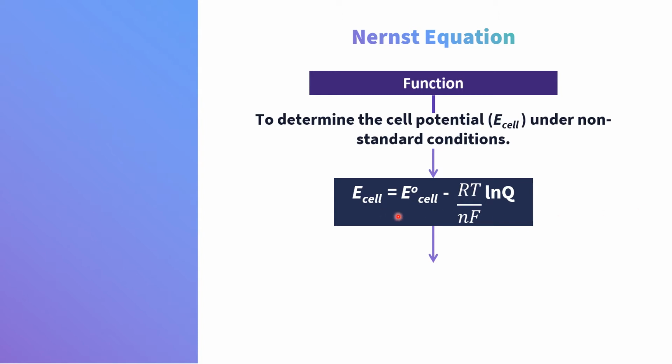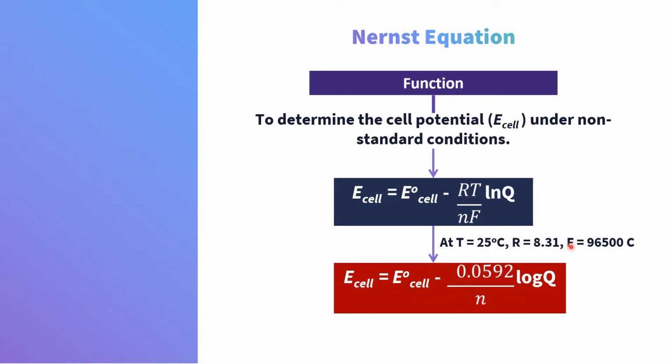So E cell, the cell potential under non-standard condition, equal to the standard cell potential minus RT over nF times ln Q. If you substitute the values of T, R and F, you will get E cell equal to E cell naught minus 0.0592 divided by n times log Q. In other words, E equal to E cell naught minus 0.0592 divided by n times log concentration of products divided by concentration of reactants.